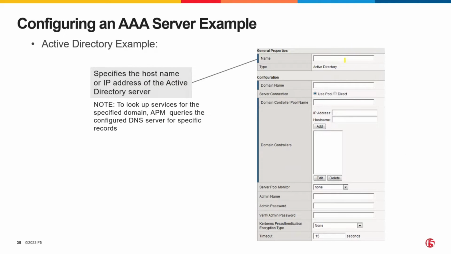Okay, so this is the example of configuring an AAA server with Active Directory. This can be a pool of your Active Directory servers. If in your environment there are, for example, 10 domain controllers, then you can put their IP addresses here. If you have only one, you can put it direct, and this second method is being used in our case.